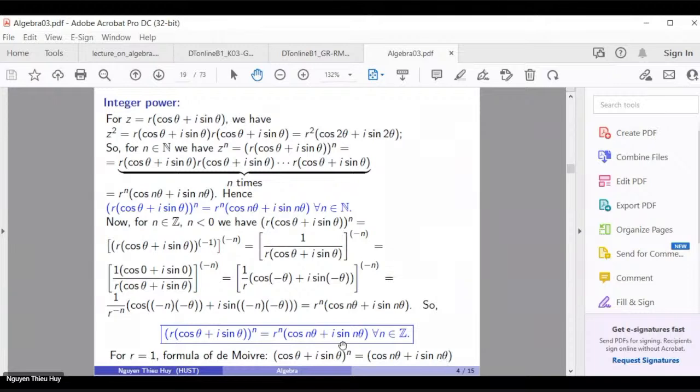Sometimes you use this de Moivre formula to compute cos n theta with respect to cos theta and sine theta. For example, if you put here 2 and you compute the square, and then you equate with the right hand side, you obtain cos 2 theta will be cos square minus sine square. Sometimes like this. And if you want to compute cos 3 theta with respect to cos theta and sine theta, you just use n equals 3 here and compute. So you can use any n here.